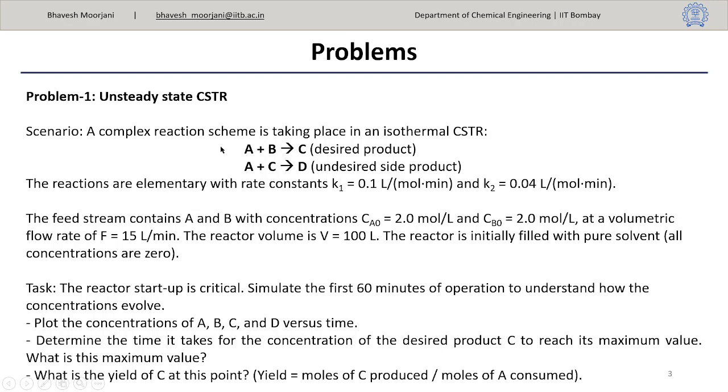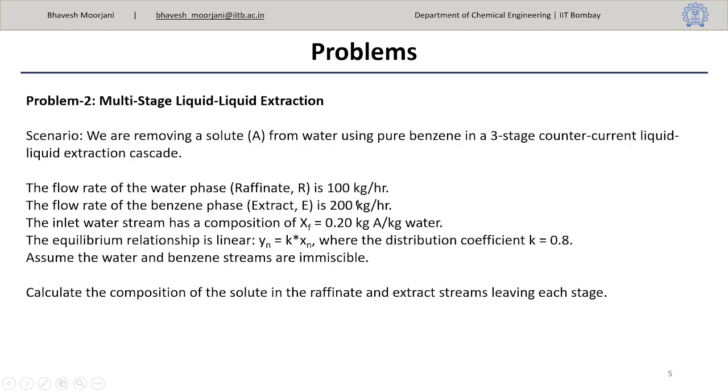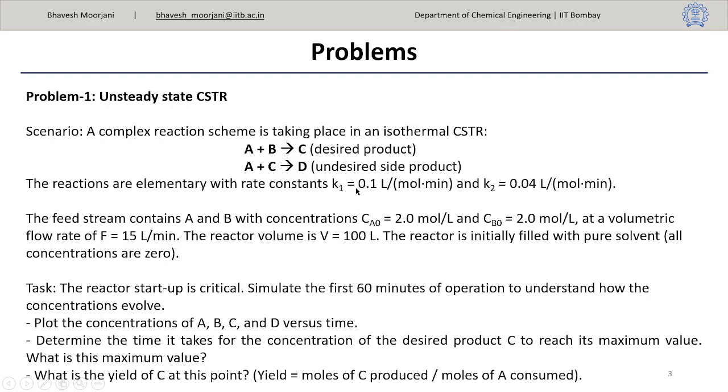For an elementary reaction, the power relation in the rate expression is equivalent to the stoichiometric coefficient in the reaction. That's why it's an elementary reaction, and you have been given the rate constants for the first and second reactions. The unit is liter per mole per minute, so this is a second order reaction, and that's why the unit is liter per mole per minute.